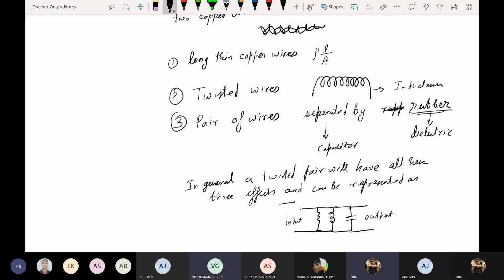Yes, sir. We can see the input. We can therefore see this wired communication channel as a two-port network.